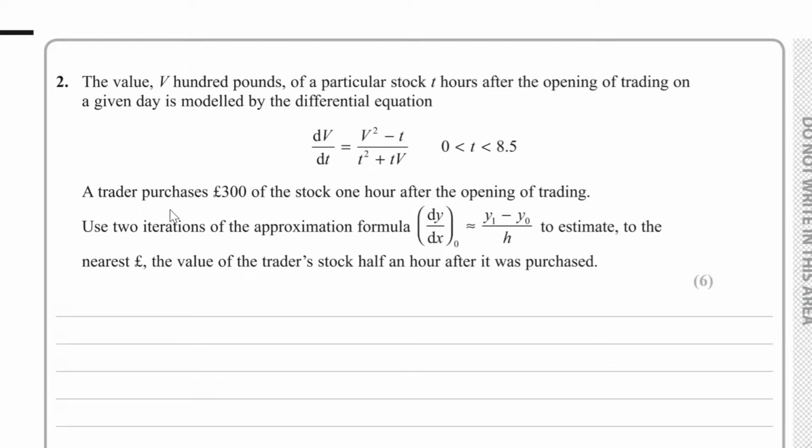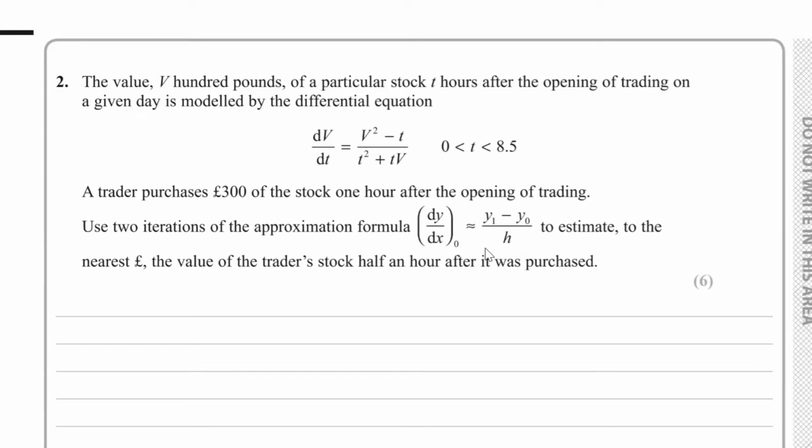A trader purchases £300 of the stock 1 hour after the opening of trade. We have to use 2 iterations of the approximation formula dy/dx is approximately equal to (y1 minus y0) over h, for the first iteration, to estimate to the nearest pound the value of the trader's stock half an hour after it was purchased.